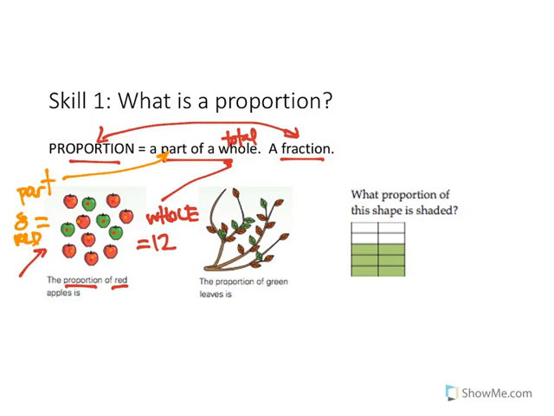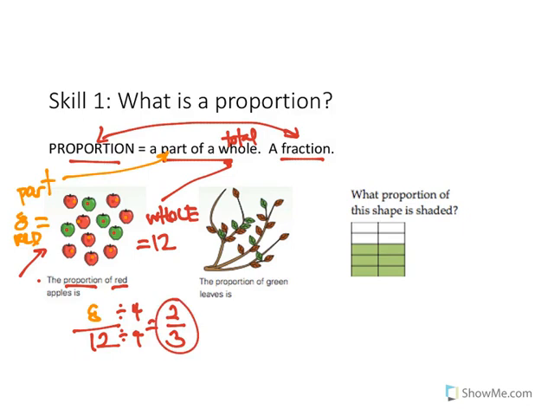So the proportion of red apples is 8 red apples out of 12 in total. And you can simplify this fraction because you can divide the top and divide the bottom by 4, which makes 2 out of 3.